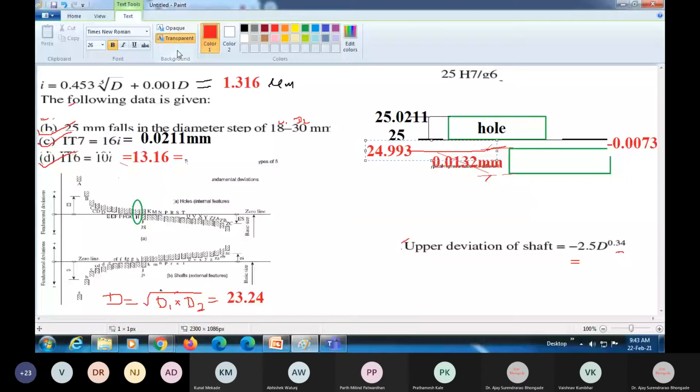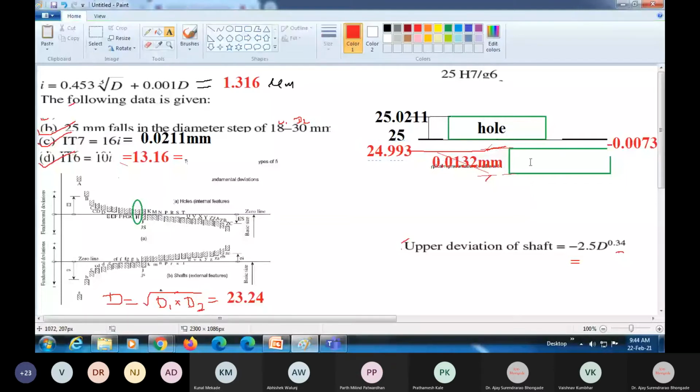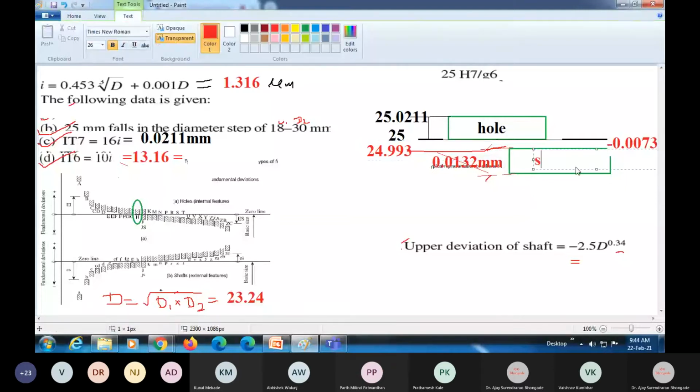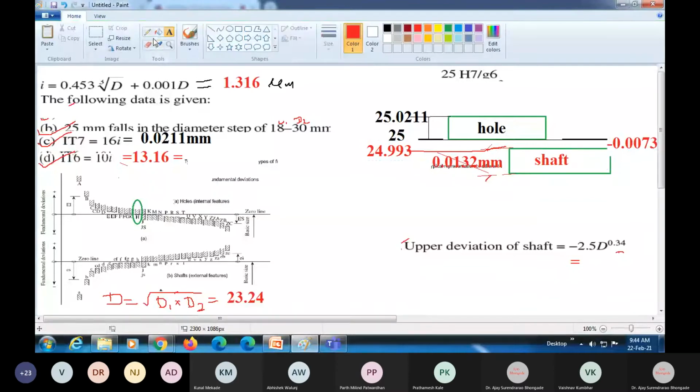So if this is your shaft, 24.993 is your upper limit of the shaft. Okay, and what is the lower limit of the shaft?